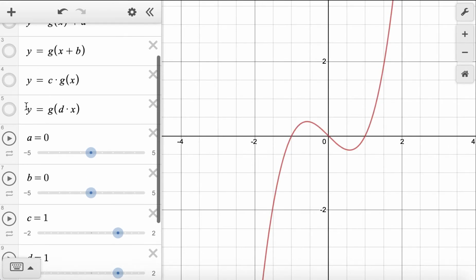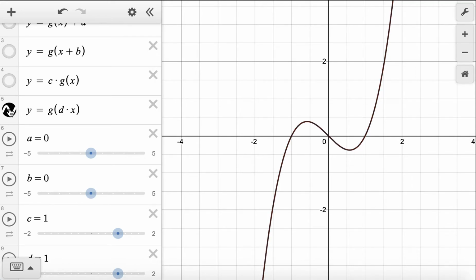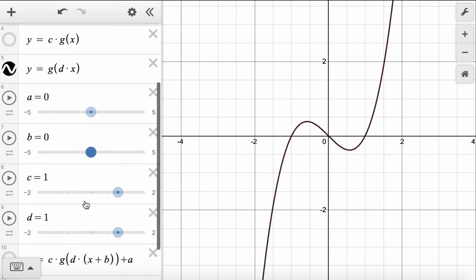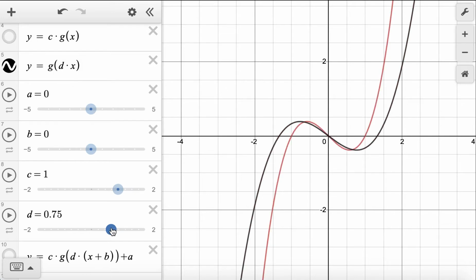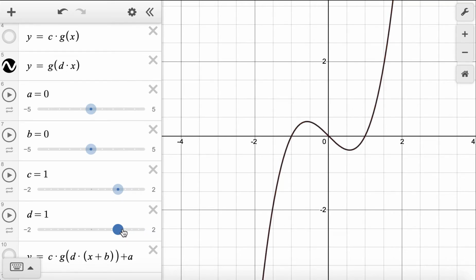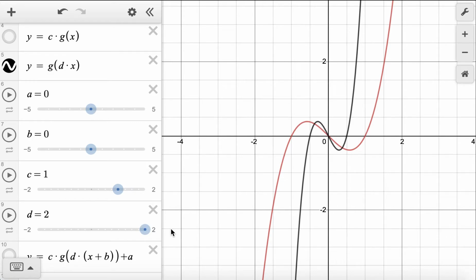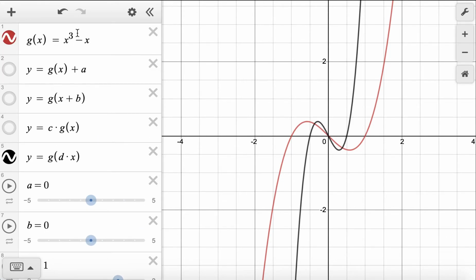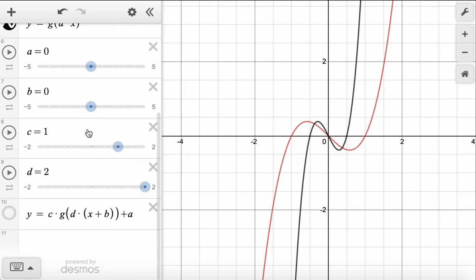If we multiply x by something, we also get a stretch or a shrink, but it's a stretch or a shrink in kind of the opposite direction that you would expect. So if we take x and multiply it by 2, what this is doing in the equation is replacing each of these x's with 2x, and that causes the graph to get thinner.